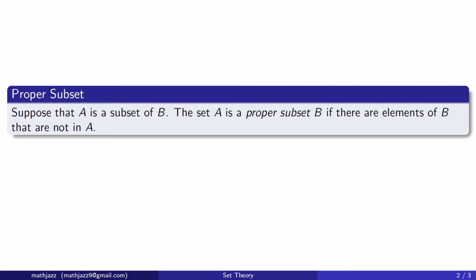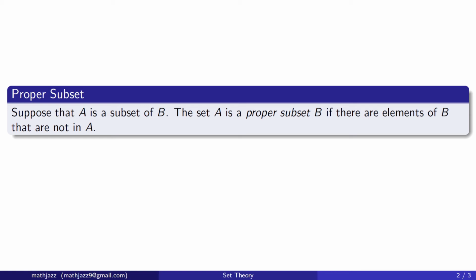Whereas the even numbers are not a proper subset of the numbers divisible by 2 because there are no numbers that are divisible by 2 that are not even.